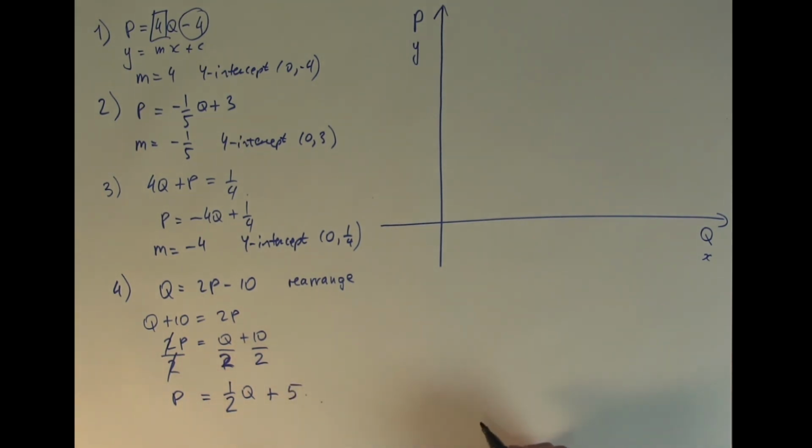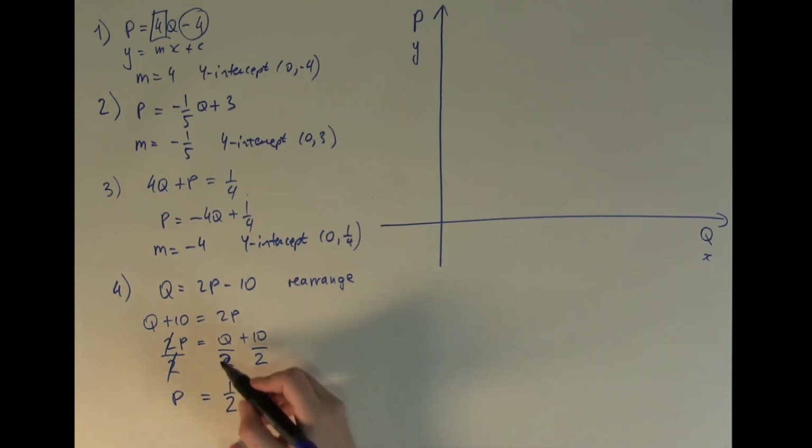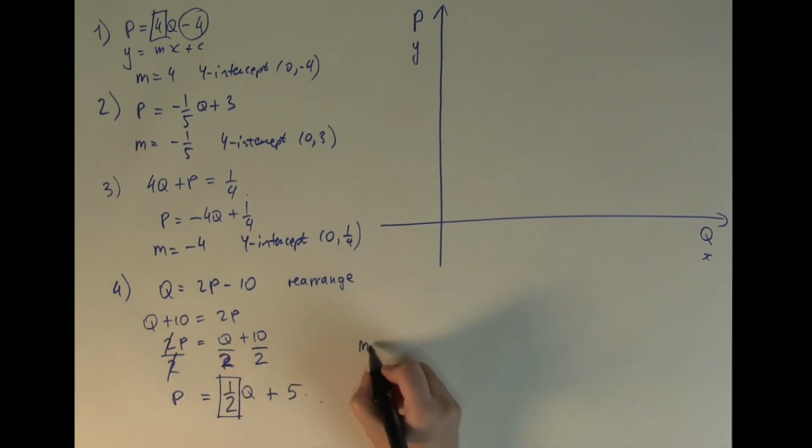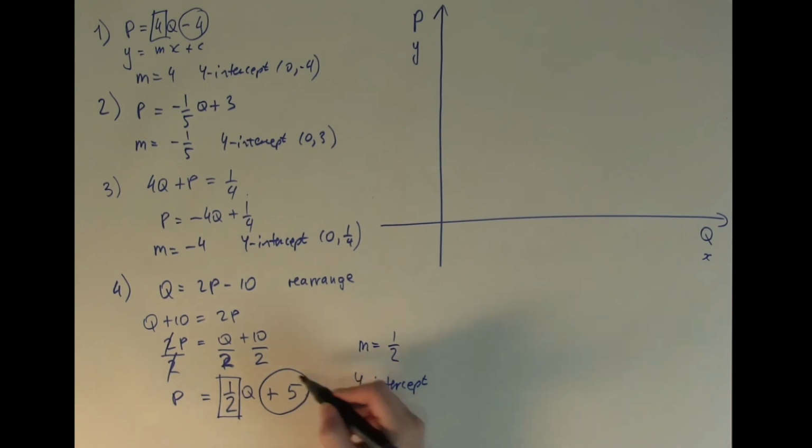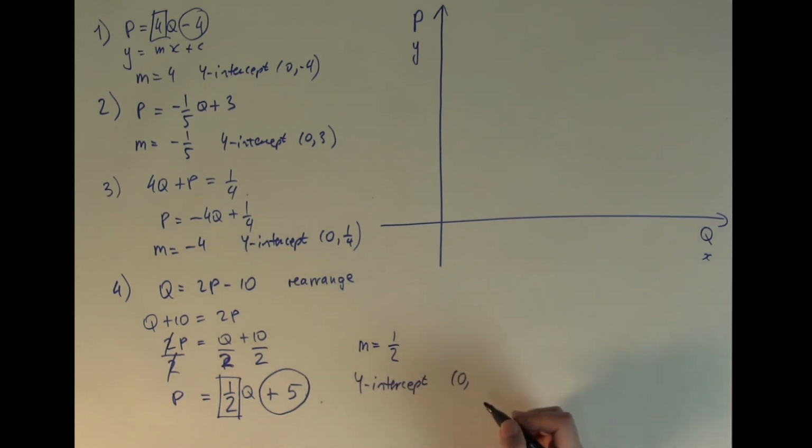And now I can read off the gradient and the intercept. The gradient is the number in front of the q, so m is equal to a half, and the y-intercept is the number on its own, remembering that the first coordinate on the y-axis is always 0.